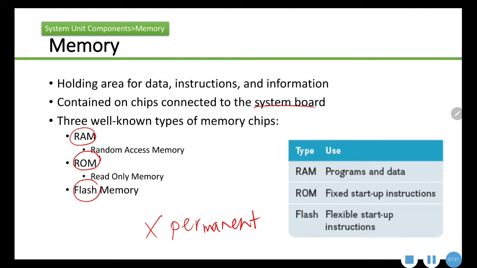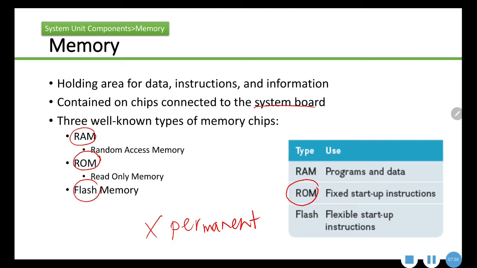ROM is used to fix startup instructions, meaning that every time you boot your computer, the ROM will fetch all the information about the computer. So ROM holds all those startup instructions inside a computer.